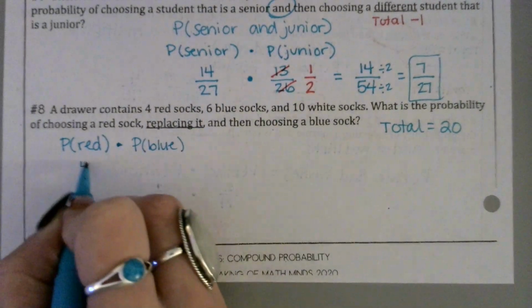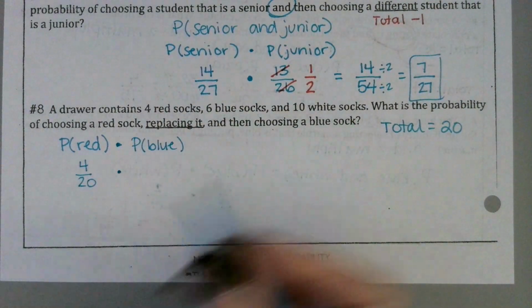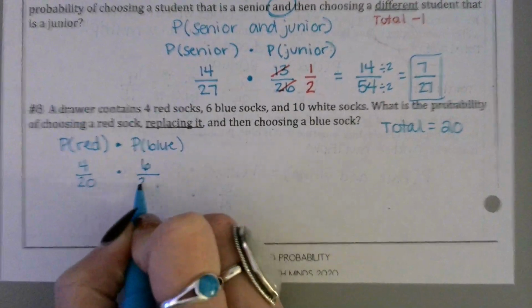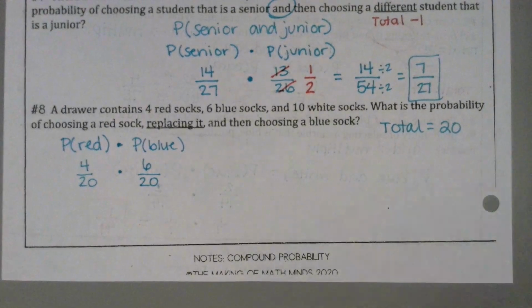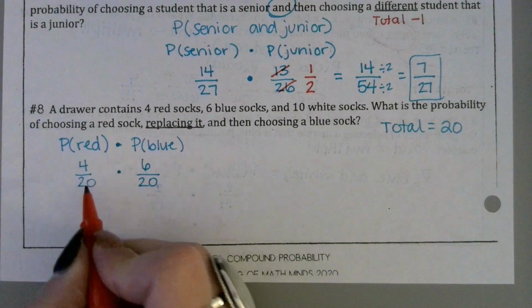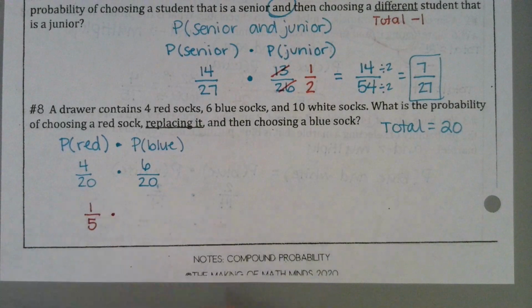Red is 4 out of 20. Blue is 6 out of 20. I can reduce both of those fractions before I multiply if I really want to. 4/20 reduces to 1/5.